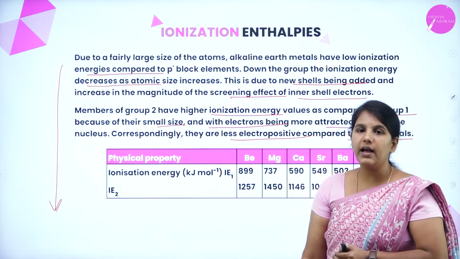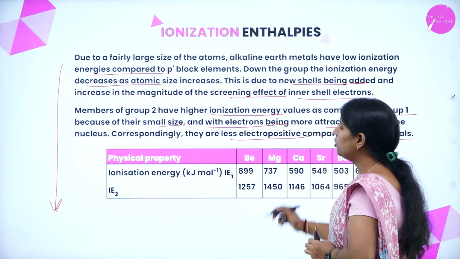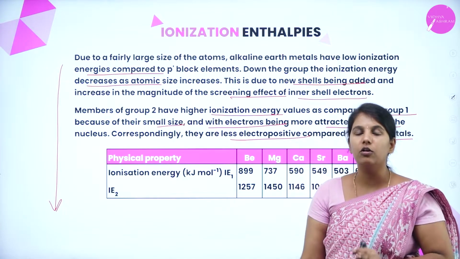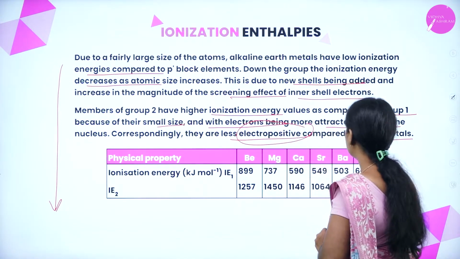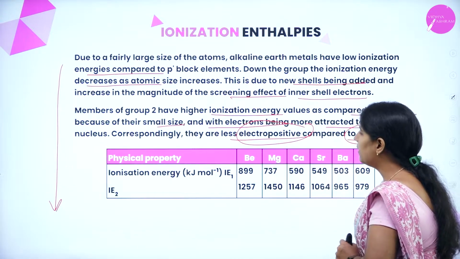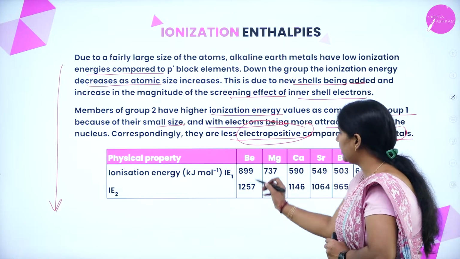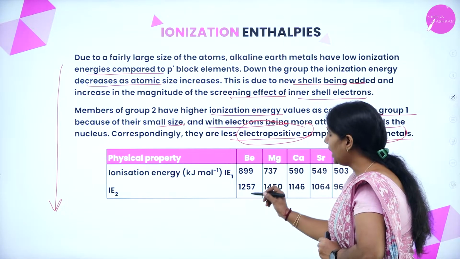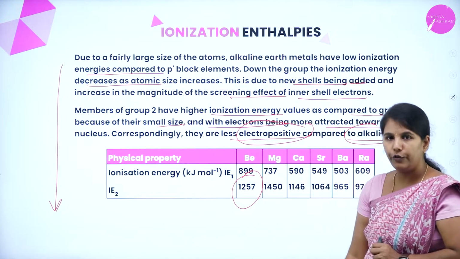When we compare the ionization enthalpy of the group 1 and group 2 members, they have a higher value because of less electropositive nature, and also they are more stable. So here I have the ionization energy, that is, the first ionization energy of beryllium is 899, and the second ionization energy will be 1257.